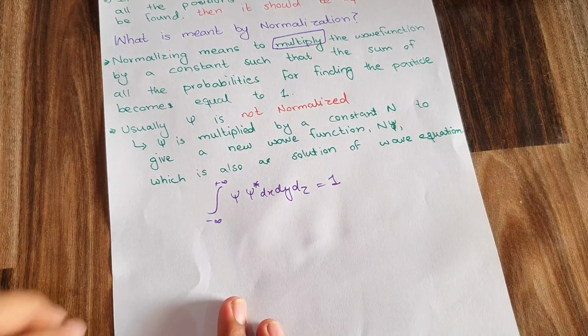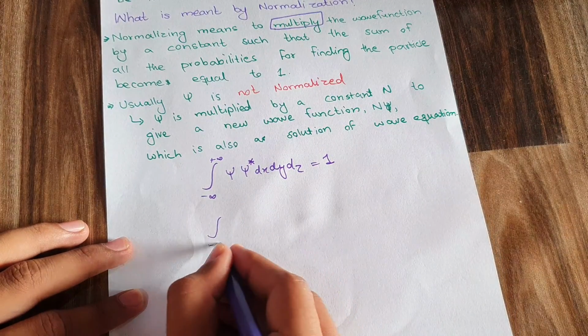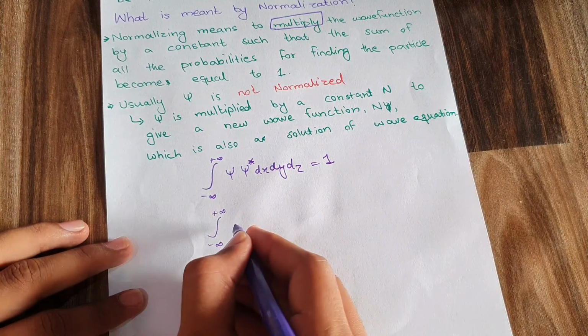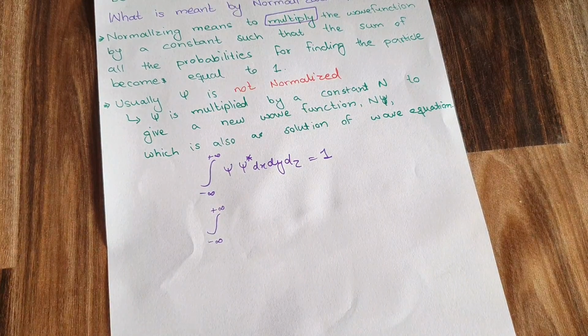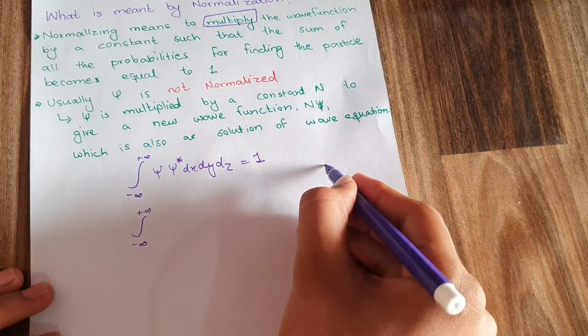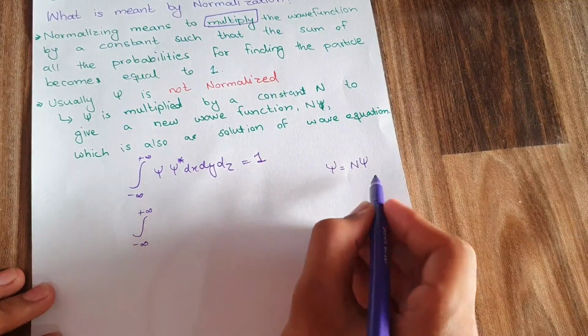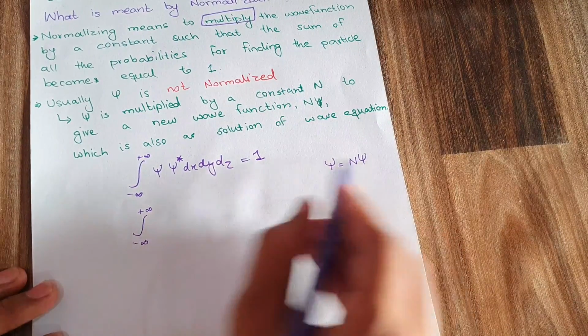First of all, take an example. A particle is present from minus infinity to positive infinity, and now I am putting a constant with psi. If I take psi equal to n psi, here n is a constant that is being multiplied by psi in order to get the answer 1.